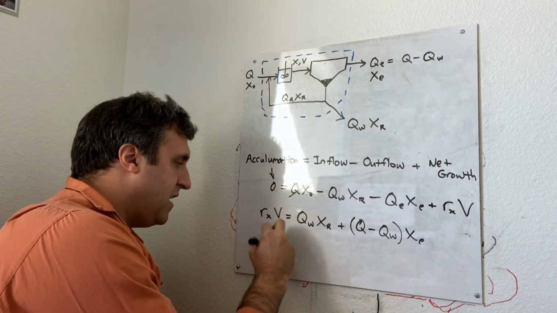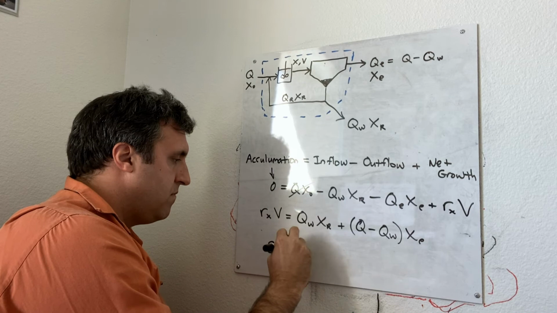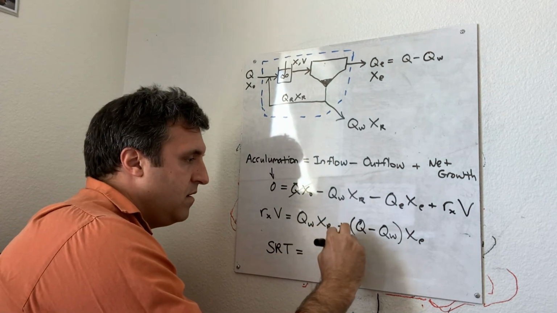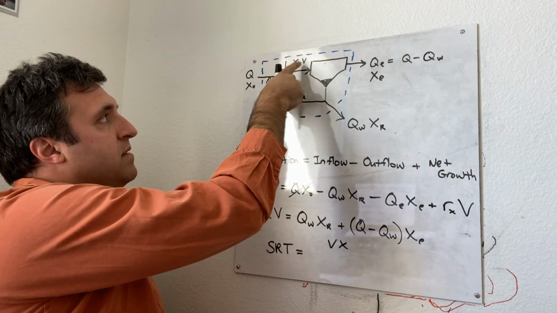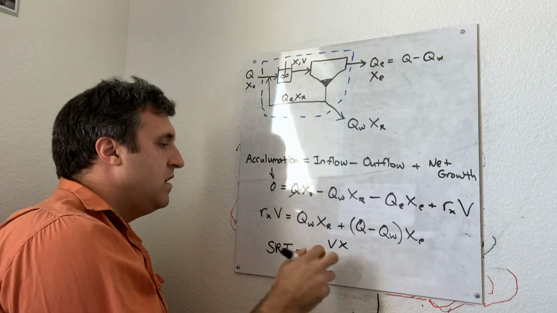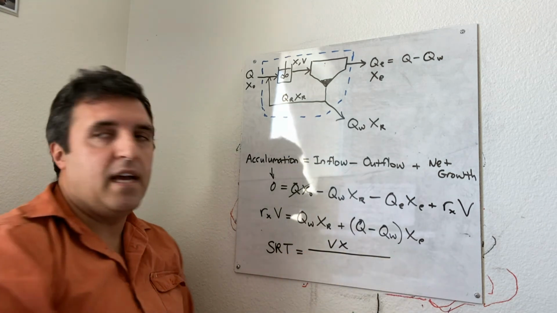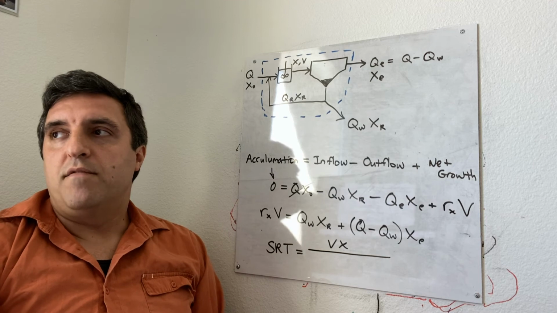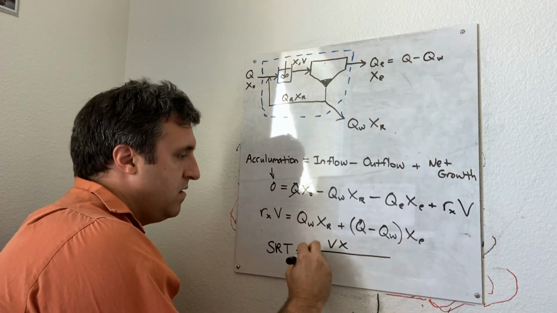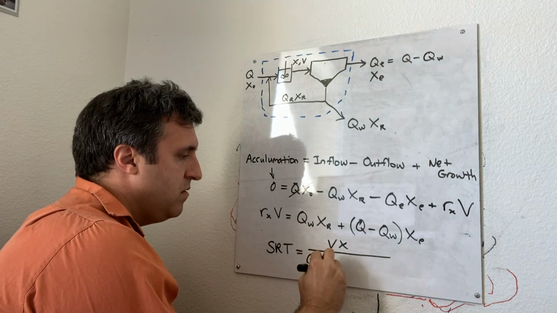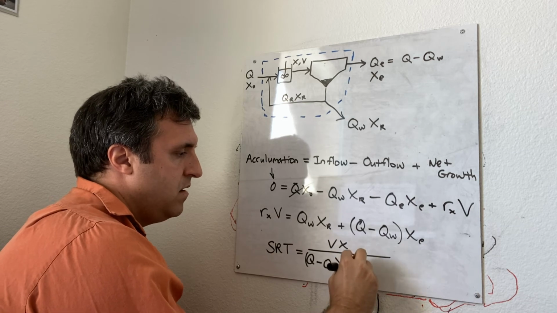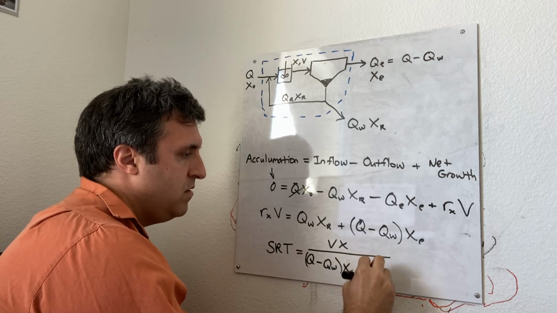And solids retention time is equal to V times X, which is the volume times the concentration in the mixed liquor in the aeration basin, divided by the sum of the loadings that are leaving the system. So that would be Q minus QW times XE, plus QWXR.